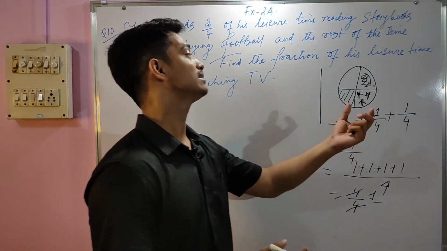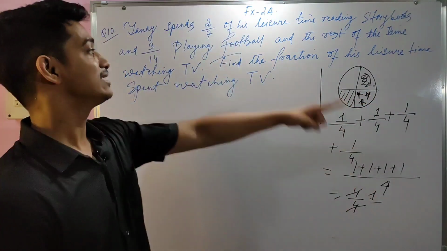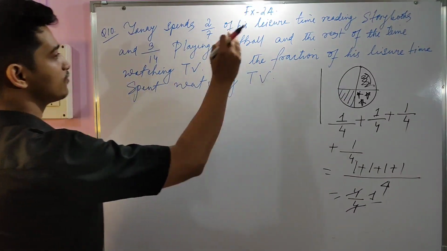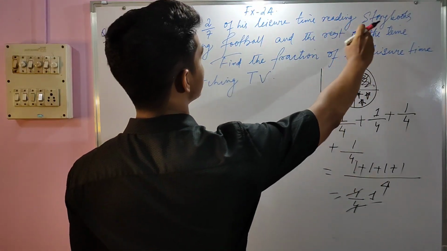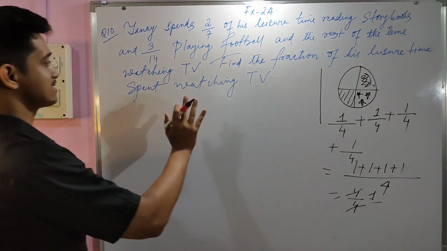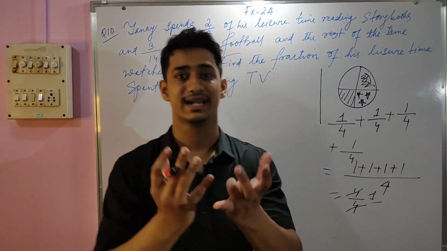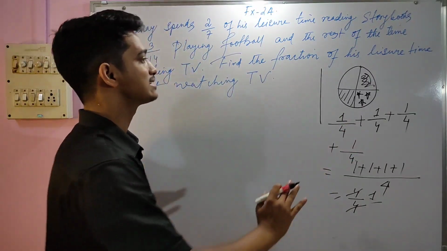And why am I picking this particular topic once again? Because it is related to the question. What is the question over here? 2 by 7 of his leisure time or free time he spent on reading storybooks, 3 by 14 playing football, and the rest of the time watching TV. Now what is the rest?